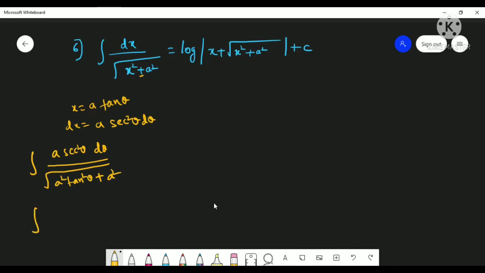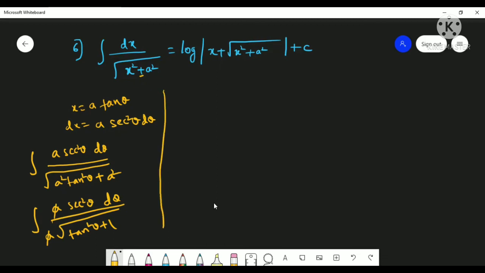Then the integral of a secant square theta d theta divided by. Now from the square root I will take a square common, it becomes a times the square root of tan square theta plus 1. A gets cancelled. Then the integration of secant square theta by root tan square theta plus 1 d theta.